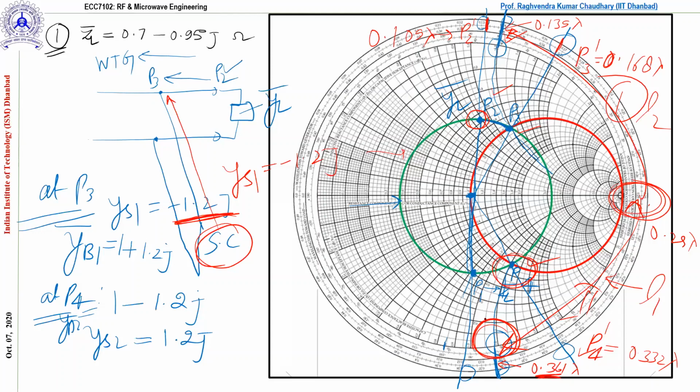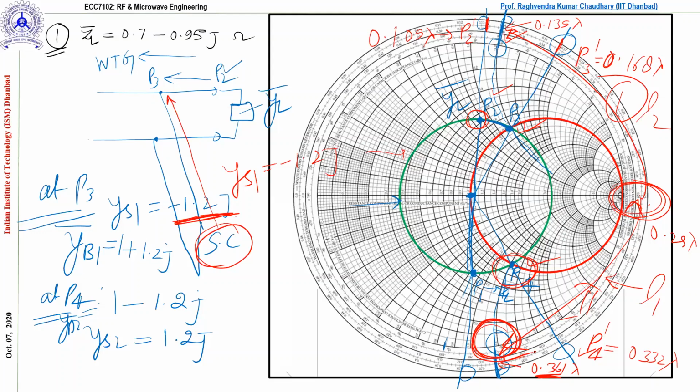That is why we need to find the first set of the solution, d and L, with respect to the point P3, and similarly for the other case as well. But you need to be careful here that when we are moving from the load towards the generator, you have to read the correct scale, which is the wavelength towards the generator.